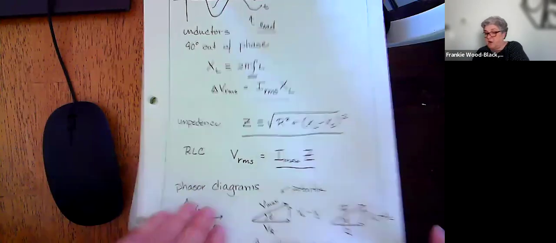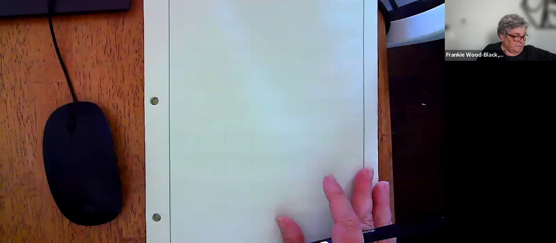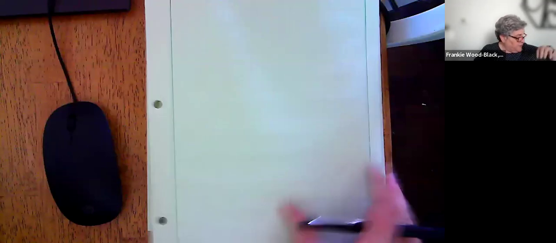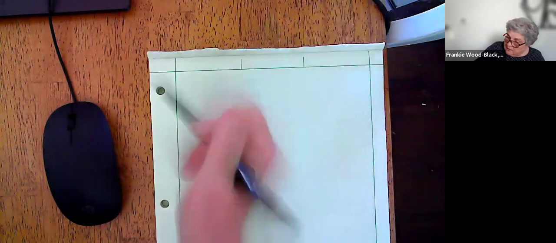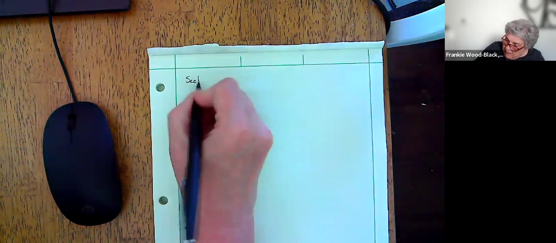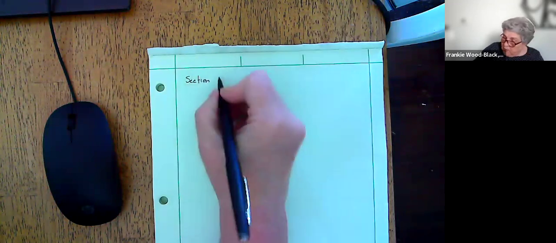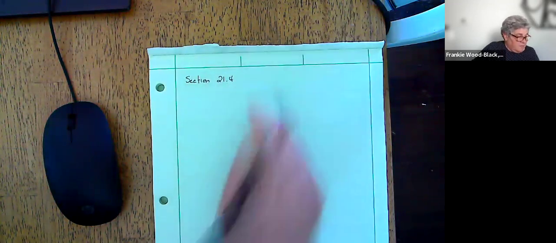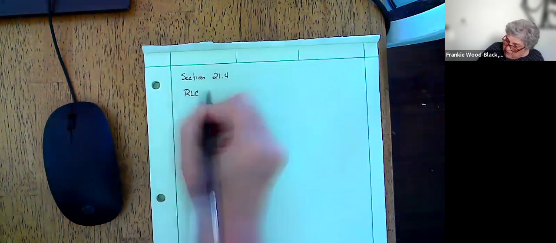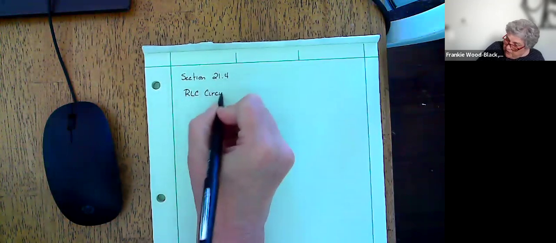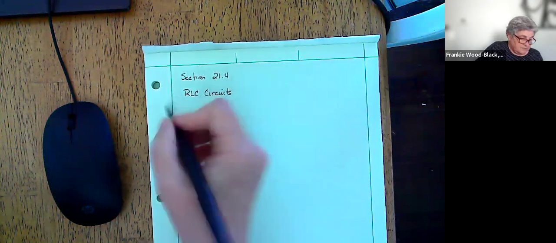So if you're dealing with an RLC circuit, all right, I'm going to refer you to section 21.4 in your book. But what you're going to do with RLC circuits, they're going to work like other circuits.